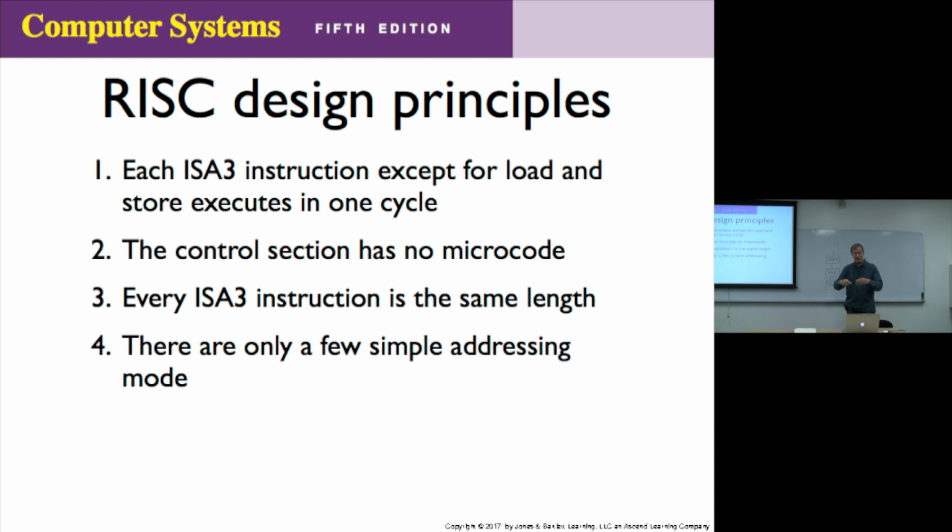So what has to happen is that computation has to be written out. The compiler has to do the computations for all those access methods for arrays and pointers and other things like that. So you see that makes more instructions have to execute. But on the other hand, those instructions each execute in just one cycle. So we take the trade-off. So there are only a few simple addressing modes.